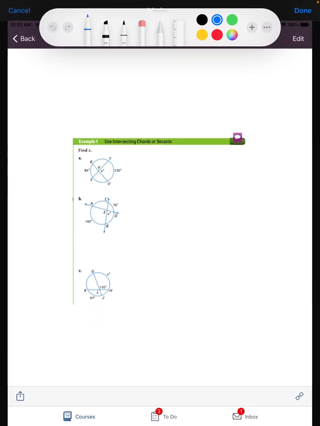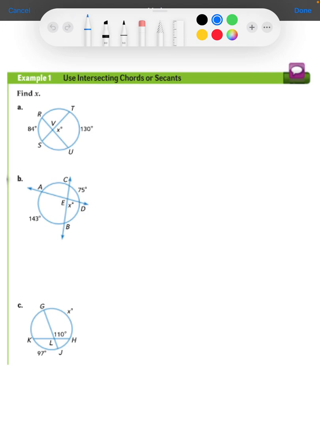Our first example tells us to find x. We have x right here. Let me zoom in a little bit for you. If we want to find x, our vertical angle is x, and it equals 1/2 of the arcs that the vertical angle intercepts.